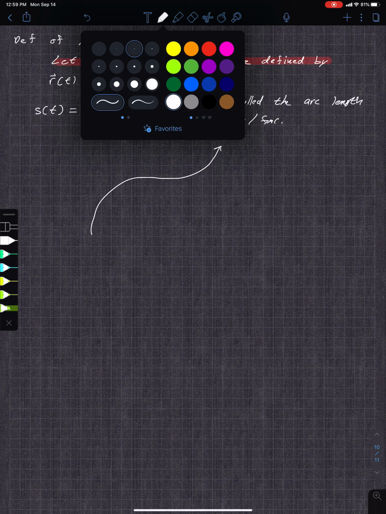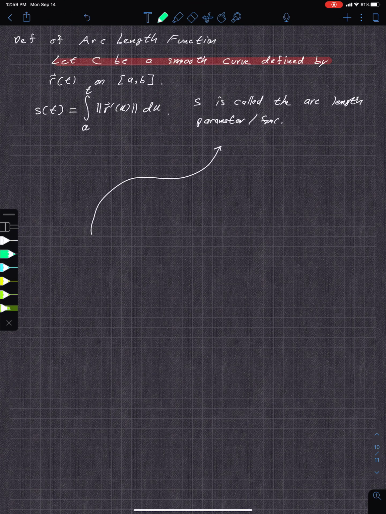So your r of t traces out the curve like this. Suppose it starts at r of a, and then you want to find the length from here to, well, we don't know, so we're going to say t. So a is fixed, t is your variable.